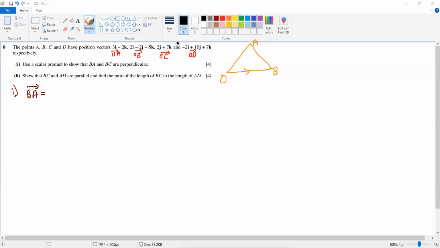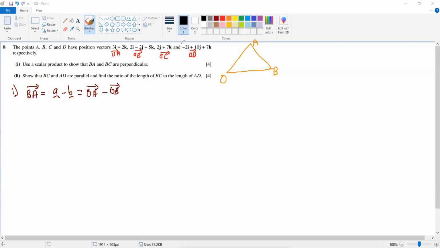It's always the letter from the right minus the left. So the letter from the right, A again, A minus B. So this will be OA minus OB.